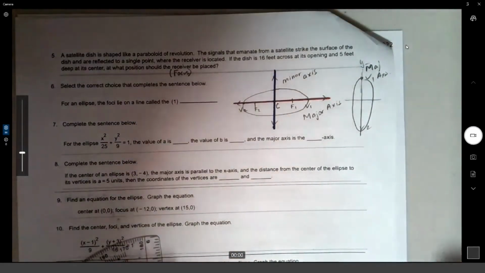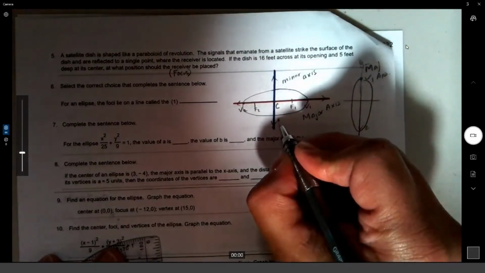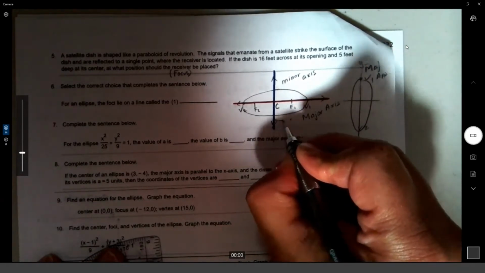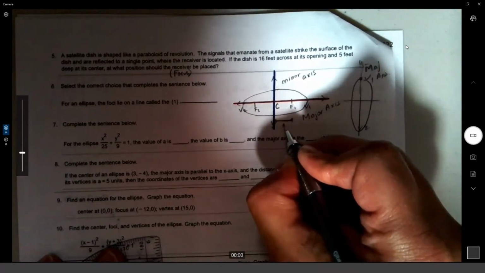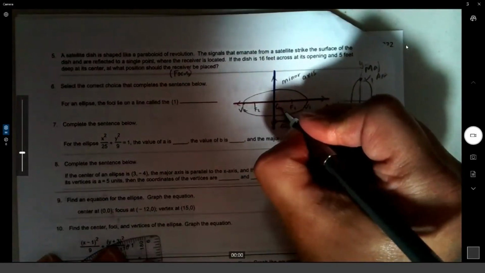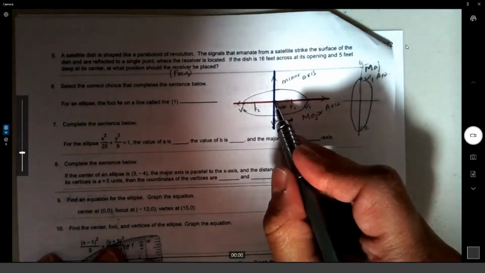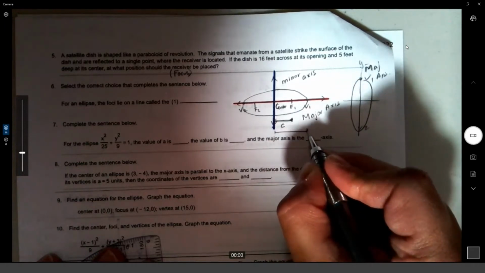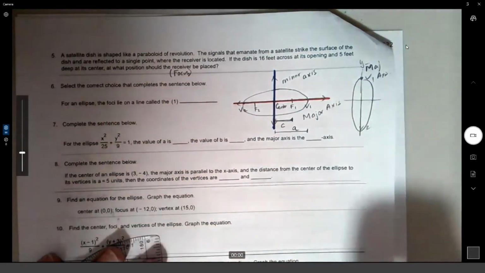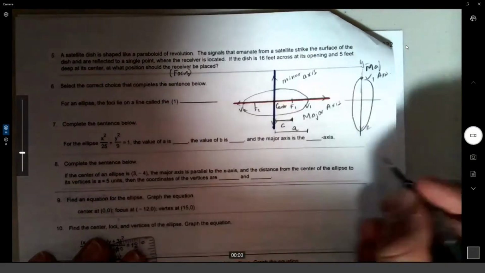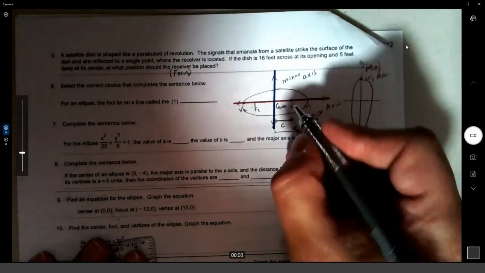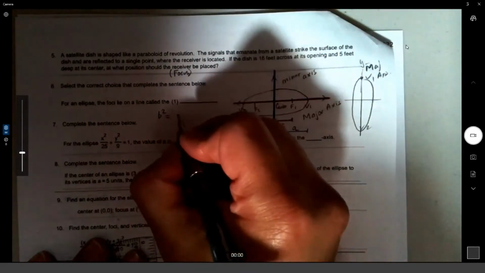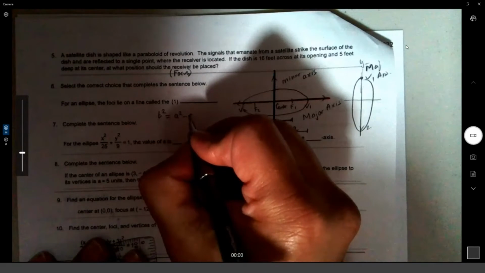All right. So a couple of notes here. The distance from the center to a focus, this distance from here to here, is what we label as C. So I'm going to label here the center, but this distance from the center to the focus is labeled as C. The distance from the center to a vertex is what we label as A. Therefore, there is an equation related to ellipses, which says B squared is equal to A squared minus C squared.